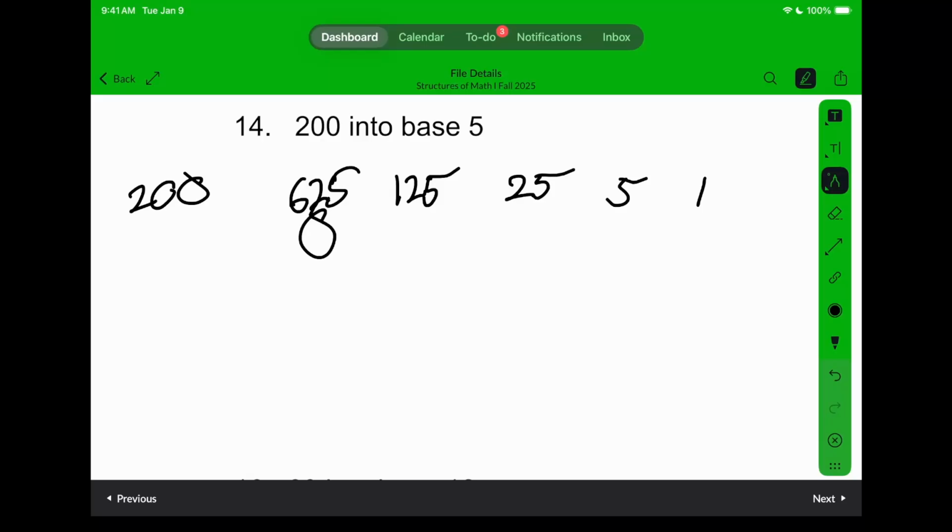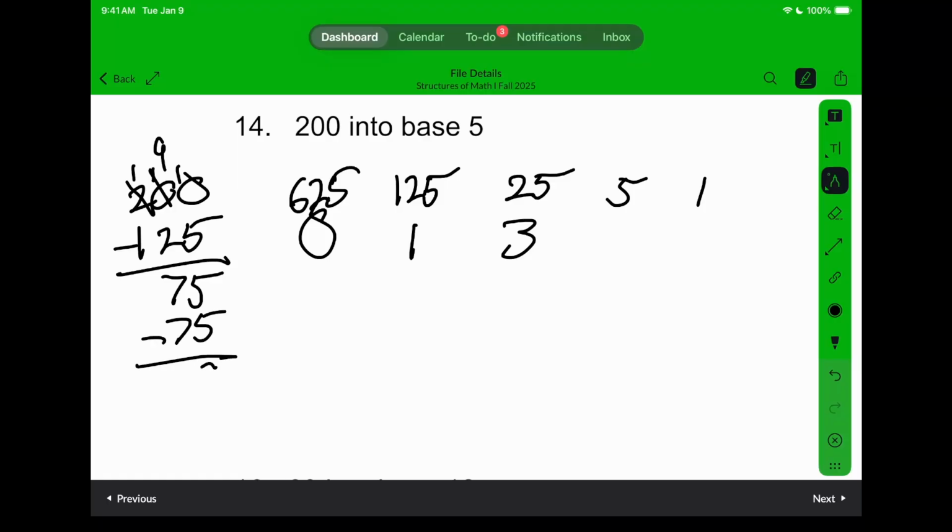But 125 can go into 200 once. 10 minus 5 is 5. 9 minus 2 is 7. 1 minus 1 is 0. 25 can go into 75 3 times evenly. And then you don't need these. So your base 5 number is 1300.